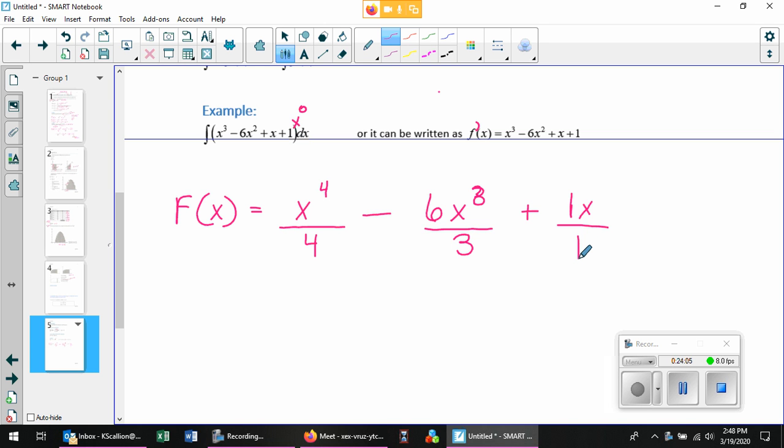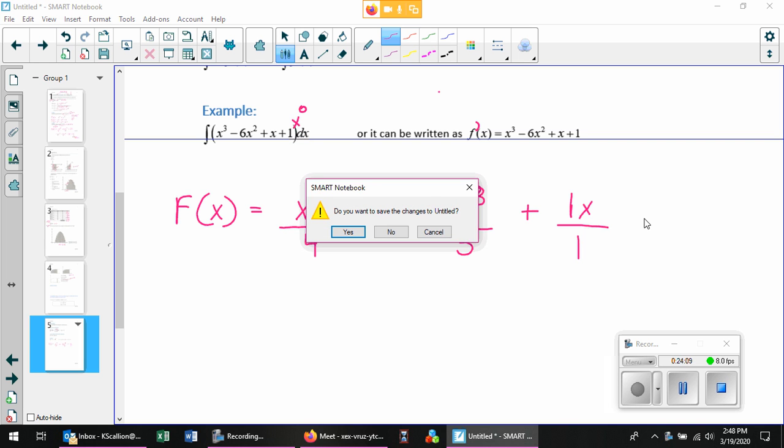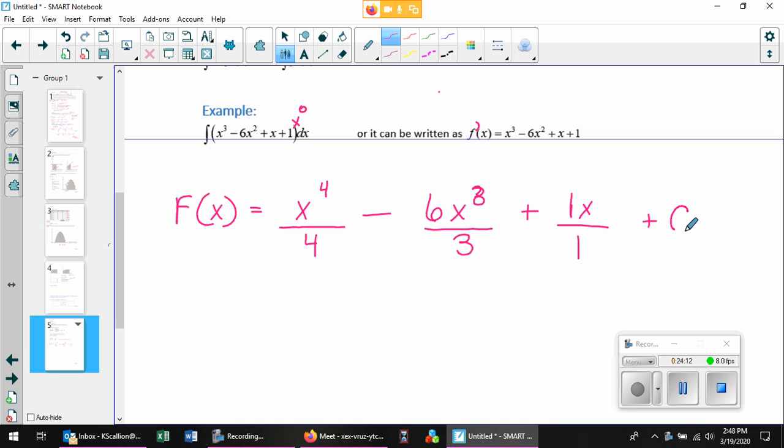And then the last thing I have to add is the constant. Oh, I missed one. Sorry, I just jumped right to the 1. I missed that x. So the x will become x squared, and we'll be dividing by 2.